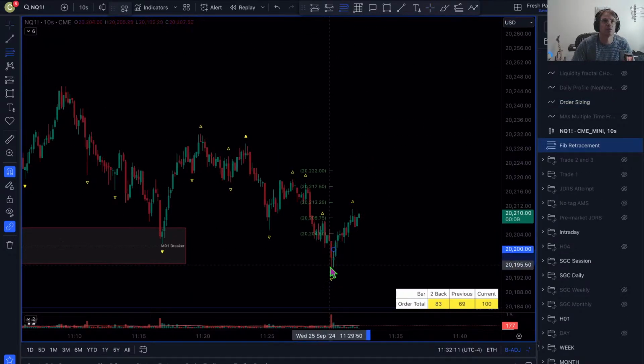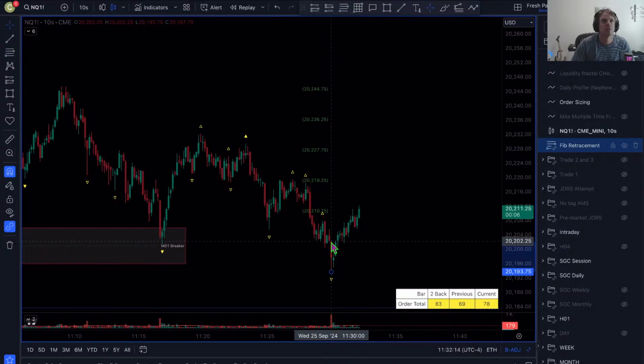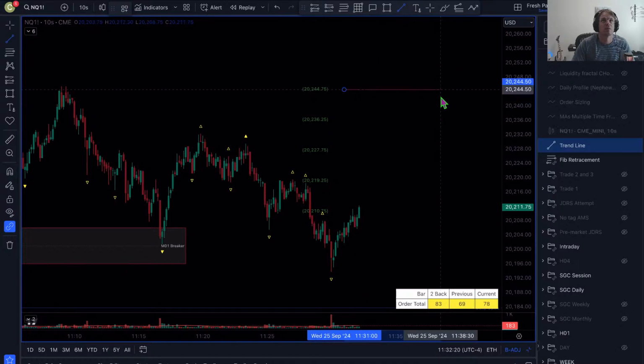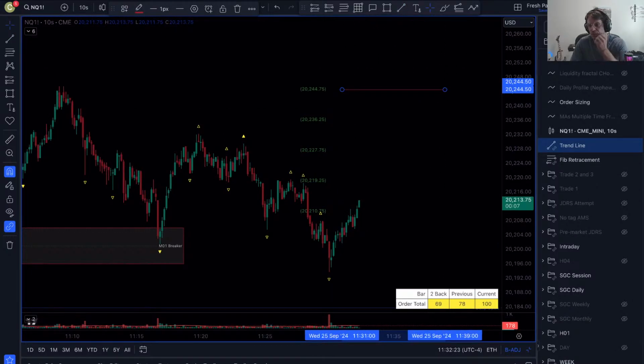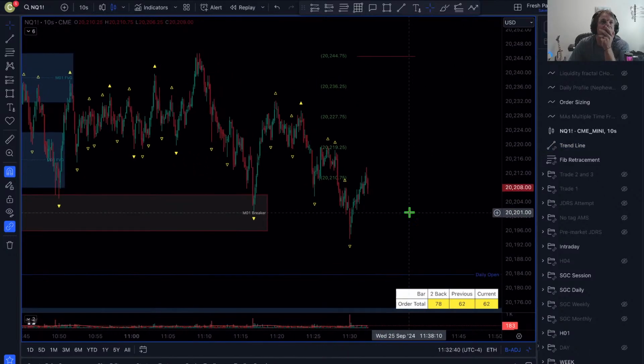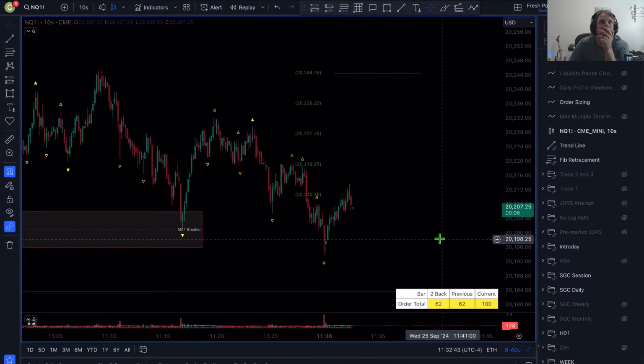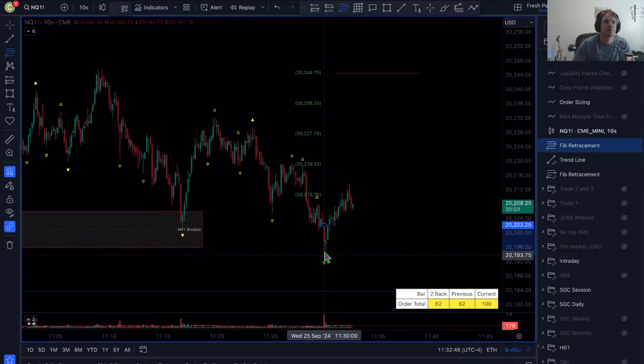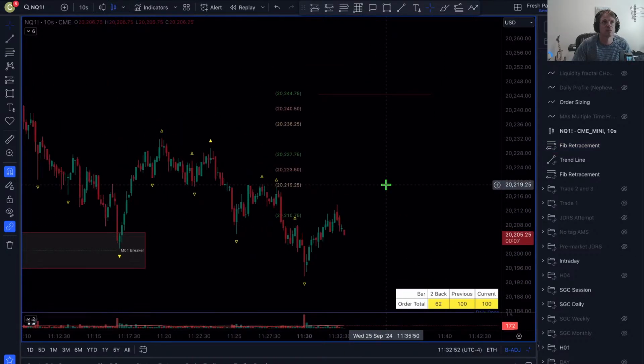Effectively playing this sweep. Which I don't have a lot of faith in, but give that 212, 21925.